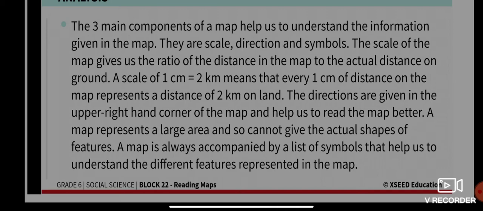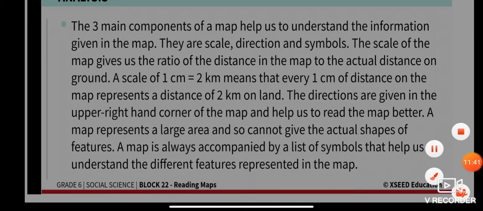The scale of the map gives us the ratio of the distance on the map to the actual distance on the ground. So a scale of 1 centimeter equal to 2 kilometers means that every 1 centimeter of distance on the map represents a distance of 2 kilometers on the ground.